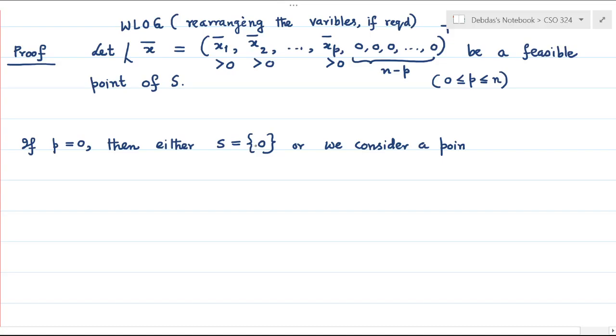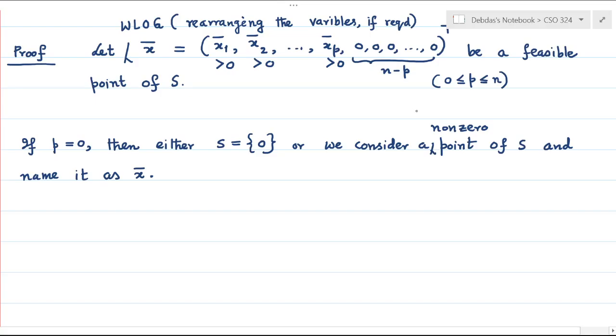So S contains a non-zero point, or we consider a point of S and name it as x bar. At x bar, then again you start.